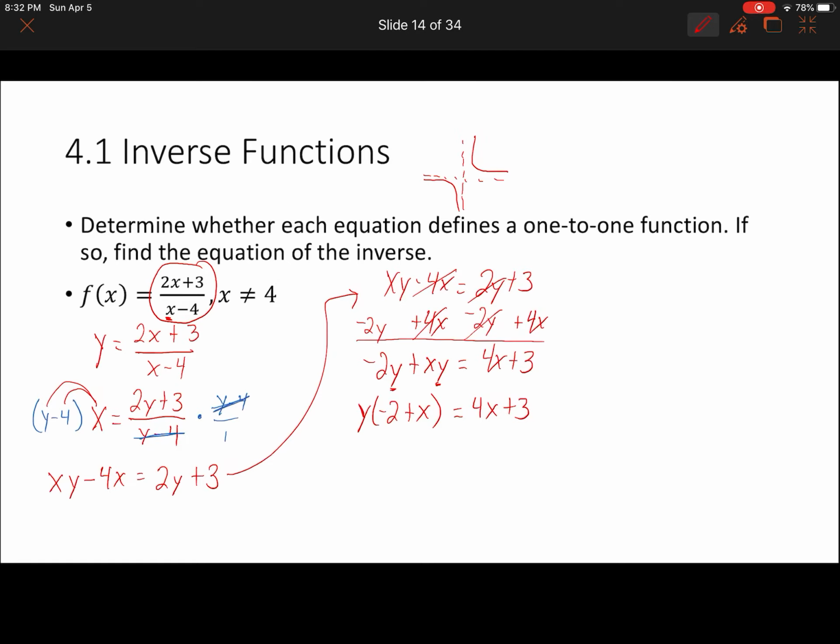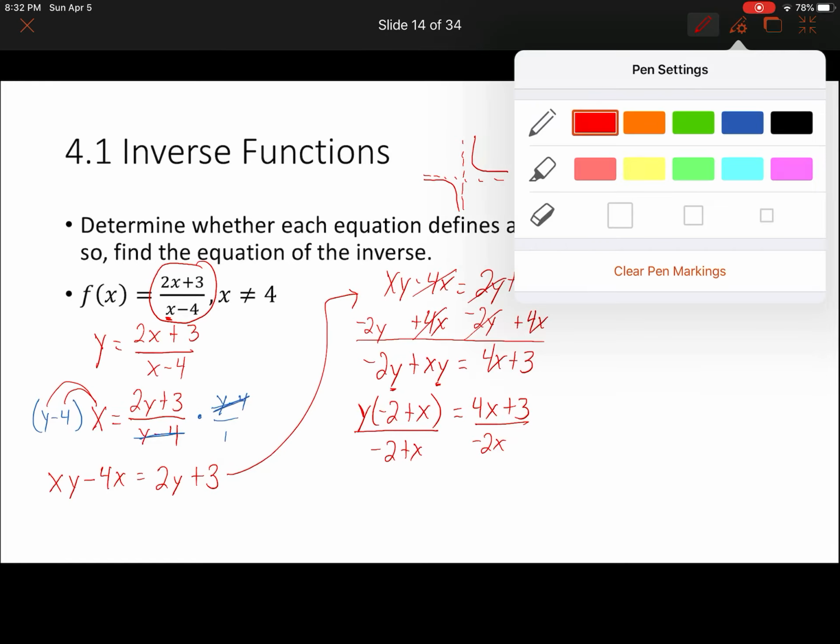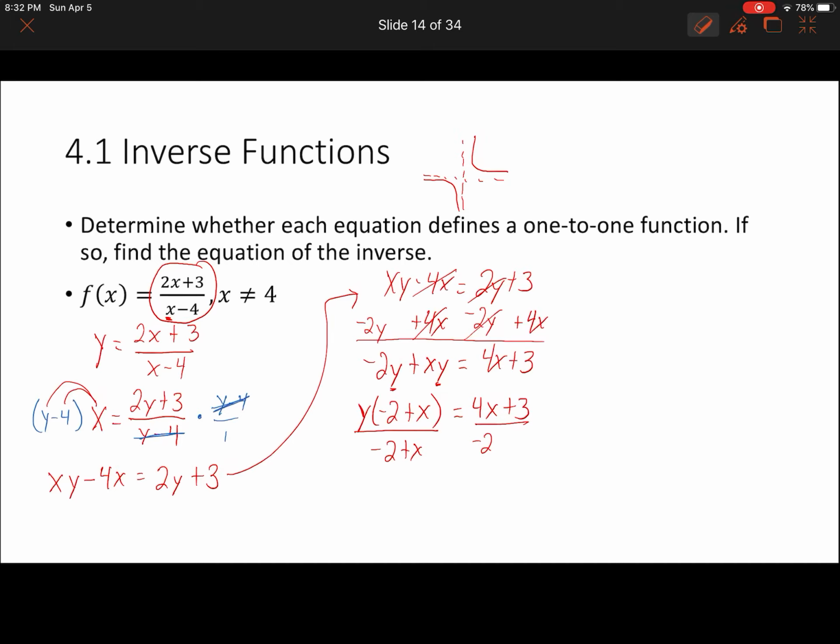Well, now I can get y by itself because I can undo that multiplication by dividing. And so we can divide by negative 2 plus x. The negative 2 plus x divided by negative 2 plus x is going to be 1.